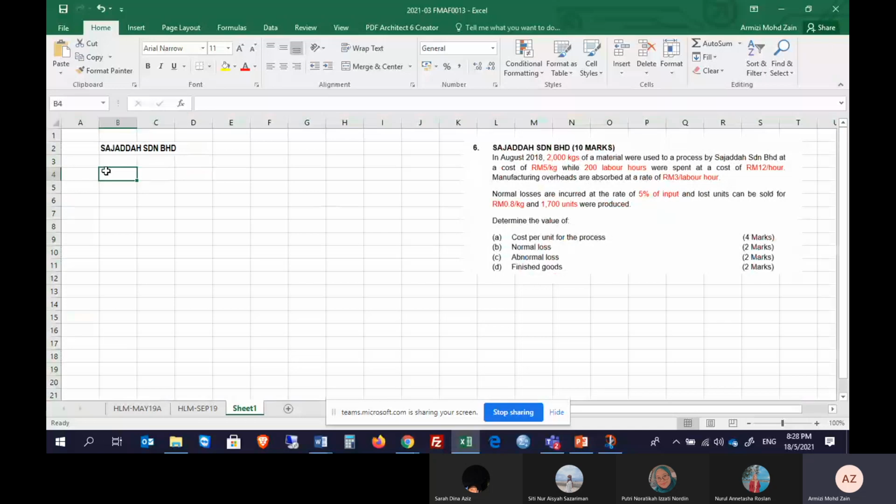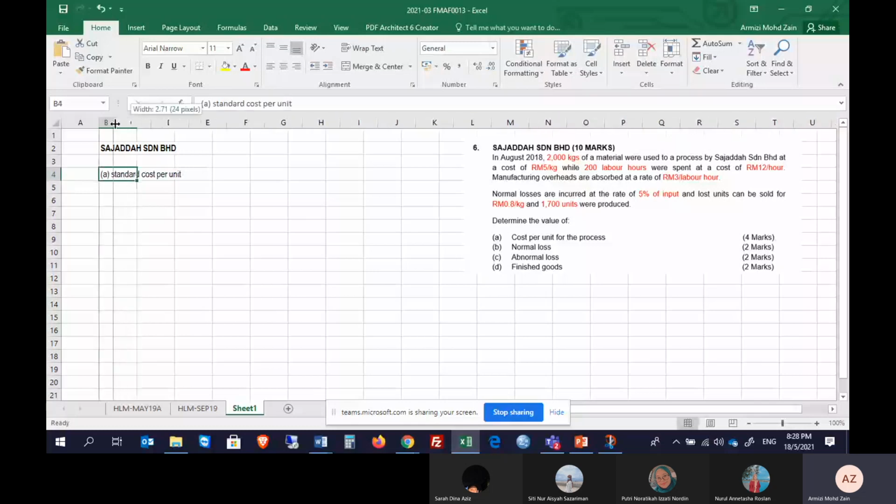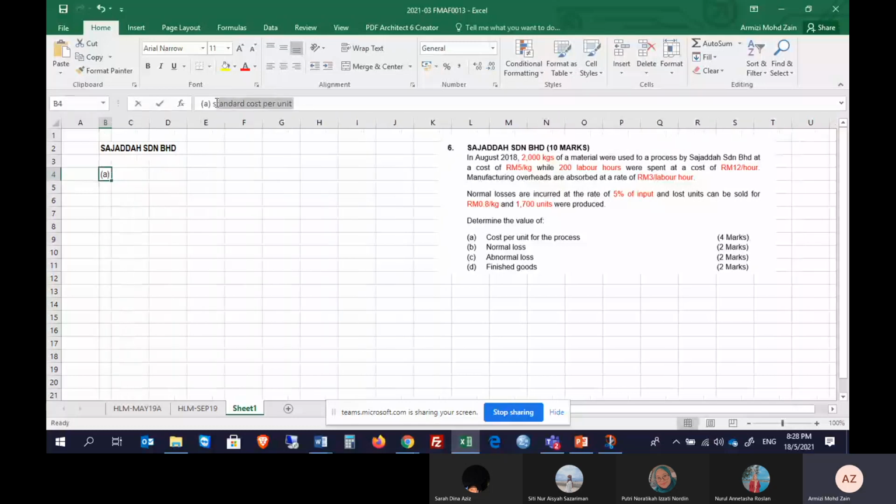I added to this question normal cost per unit first. So for question one we find the standard cost per unit first. Okay, standard is here. First we want to find the standard cost per unit for the process.